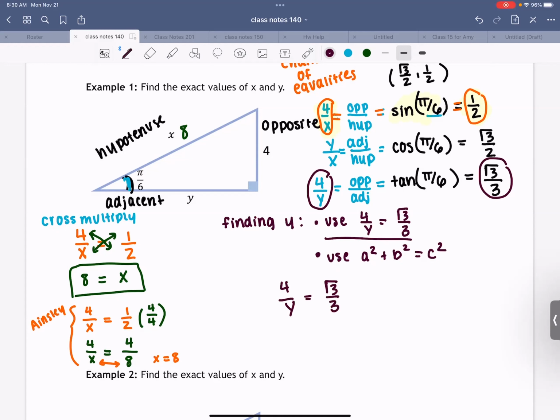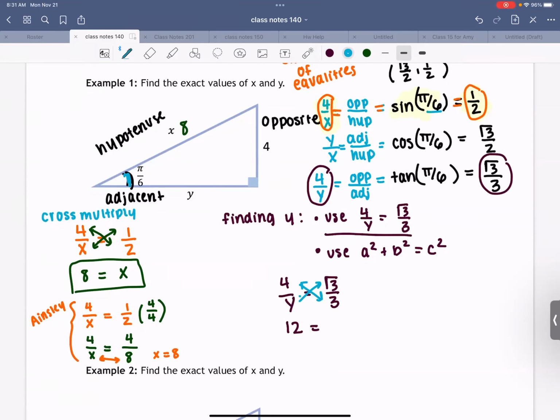Okay. Let's do the cross multiplication trick here. We got 3 times 4. I know that that's 12. I know that the square root of 3 times y is the square root of 3y. Good. And how do I get y by itself?